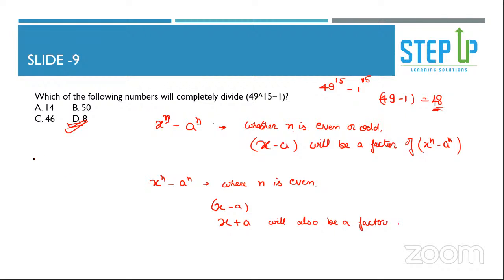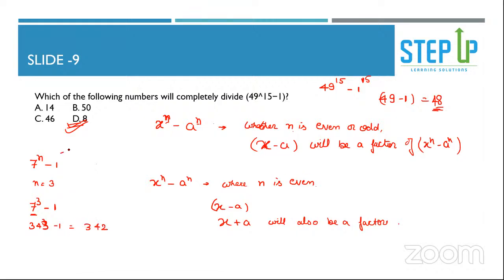If you want to verify it, let's verify. 7 to the power n minus 1 divided by 6. Let's say n is equal to 3. So 7 to the power 3 minus 1. 7 to the power 3 is 343. 343 minus 1 is 342.